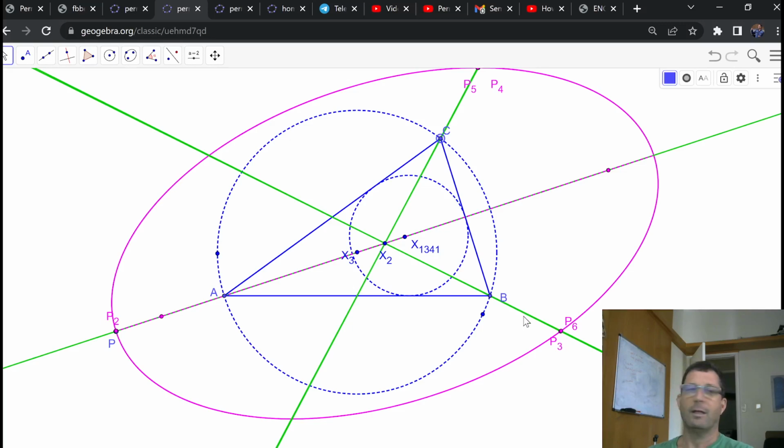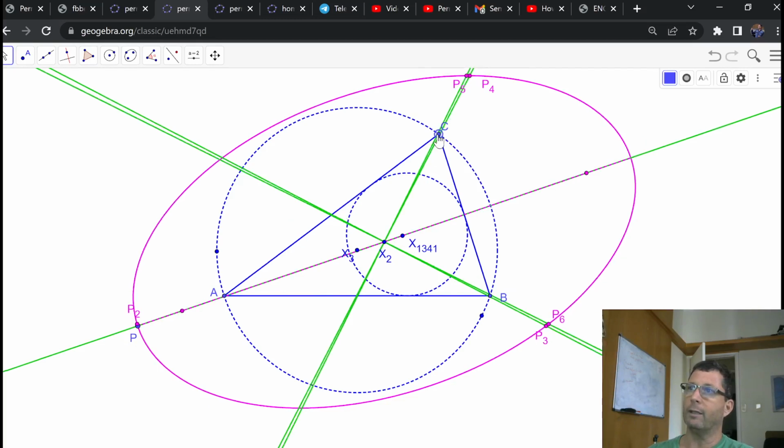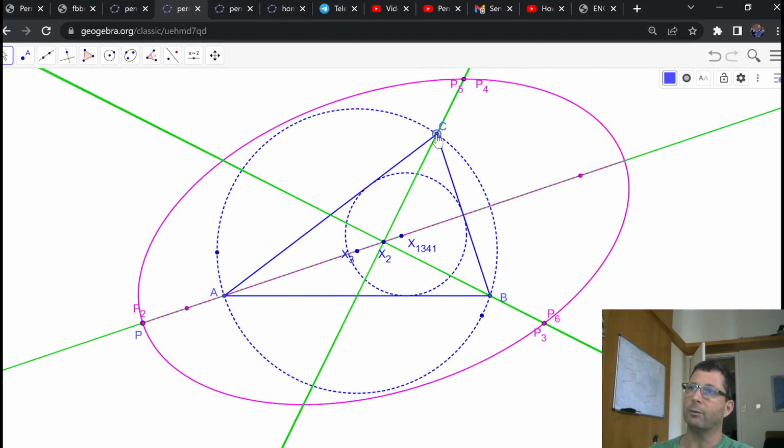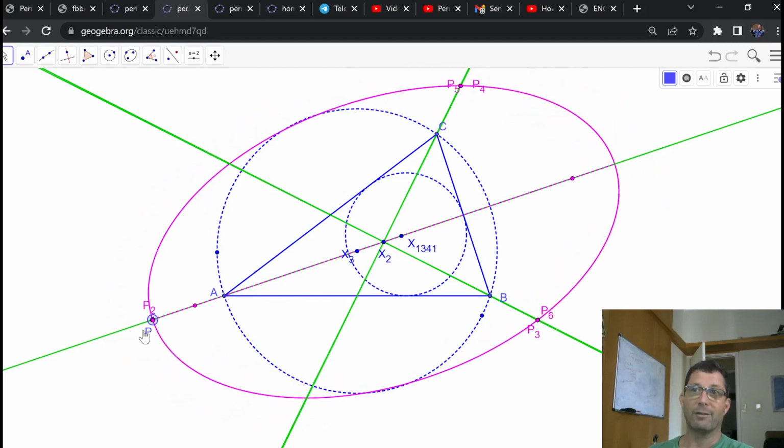Okay, so you have this. If I perturb a bit, these used to be 2 lines. These used to be 2 lines. And P2 did not lie on that line. But when the triangle is such that X3 lies on X2, X1341, you get that P2, first of all, will coincide with P. This is the first phenomenon.